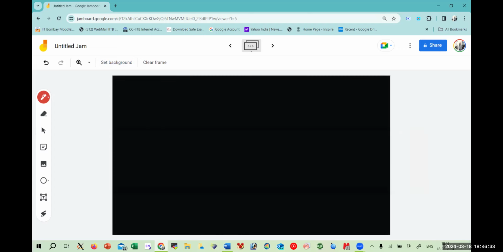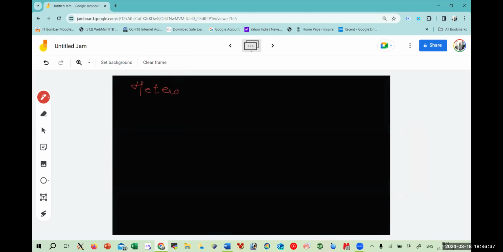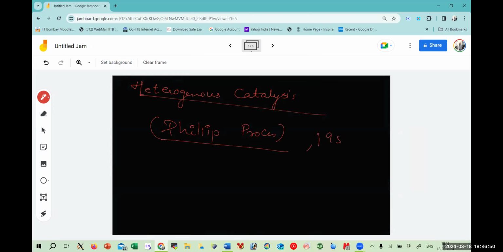Then later, heterogeneous catalysis comes into the picture. Introduced by Phillips, and therefore called the Phillips process, in 1956, which produces high density polyethylene at extremely low pressures of 10 to 30 bars.